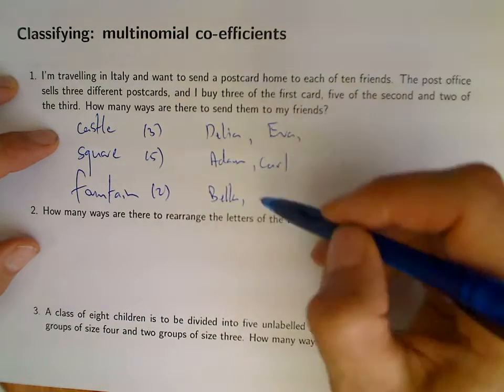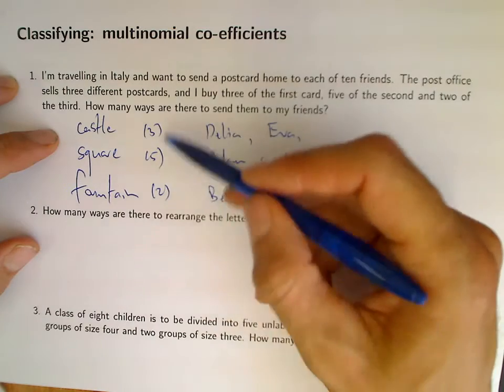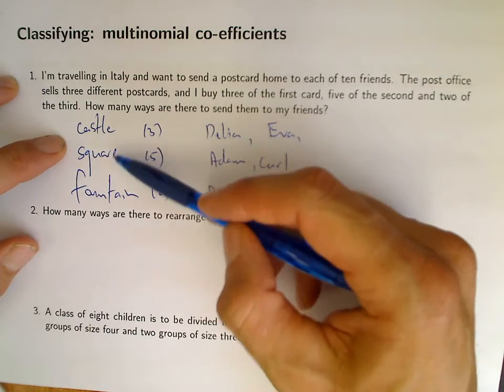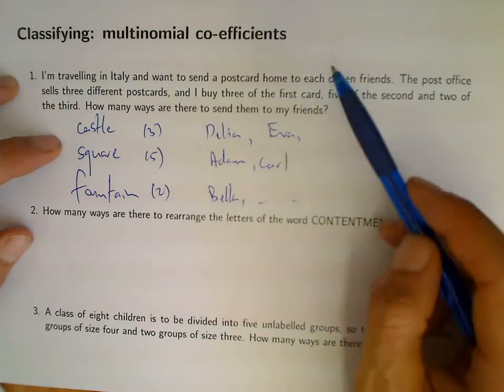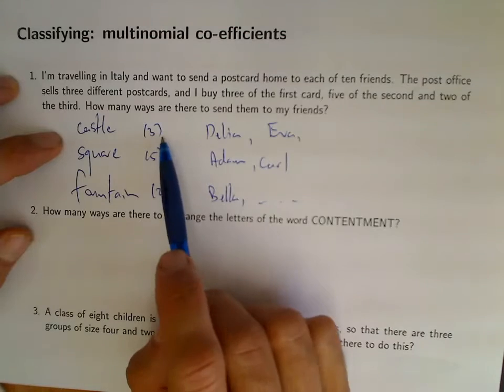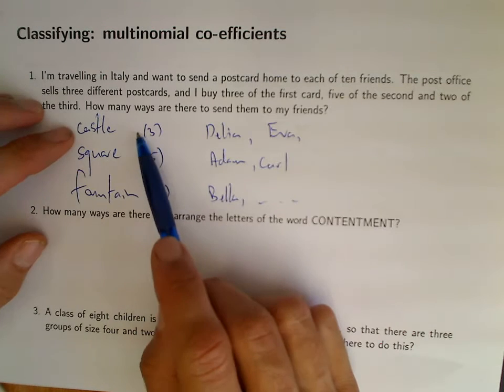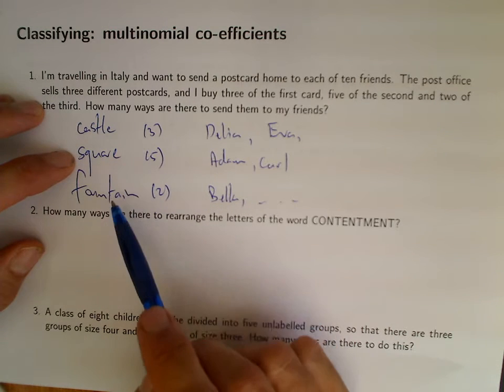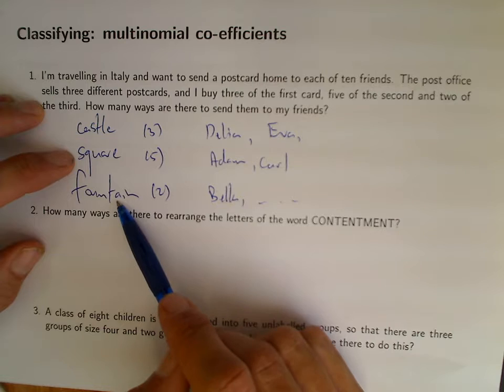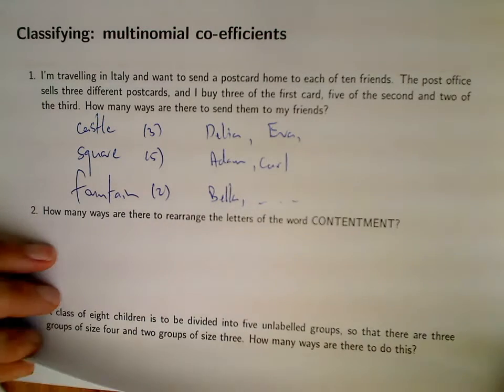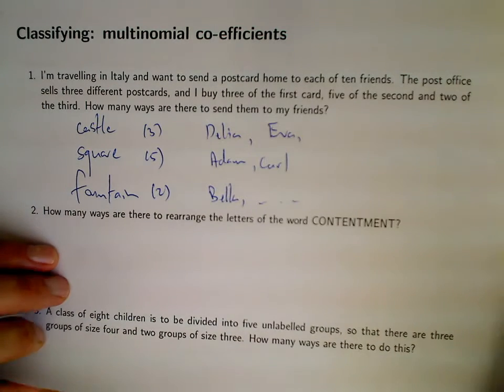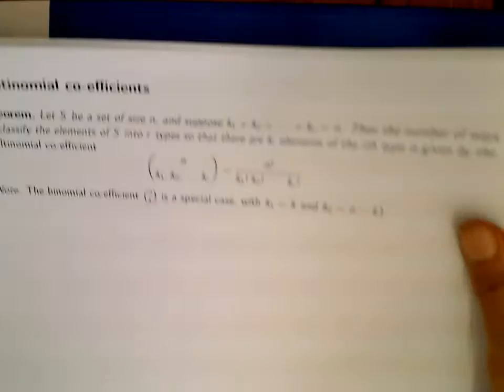And so I want to classify each of my friends into one of these 3 types, either the castle, the square, or the fountain. And when I do that, I want to make sure that I've got 3 friends classified as the castle, 3 classified as the square, and just 2 classified as the fountain. Okay, so that's sort of the framework. So let's see how to do that.